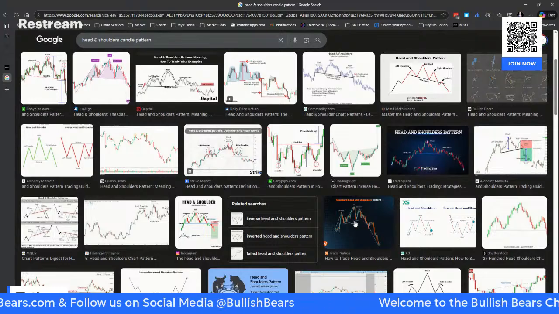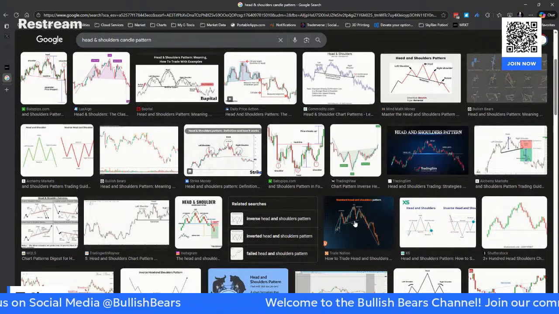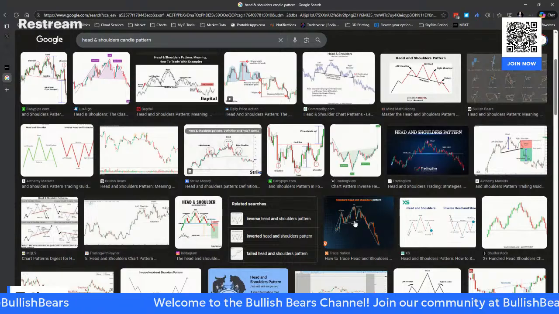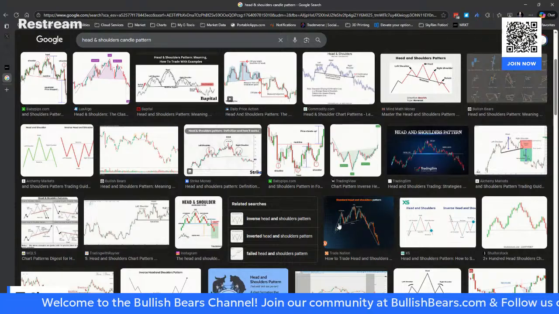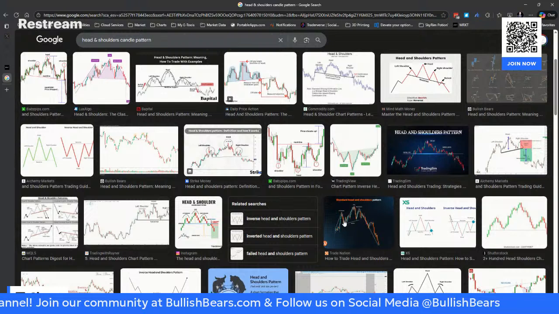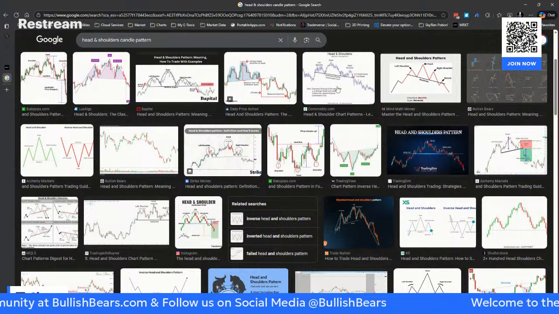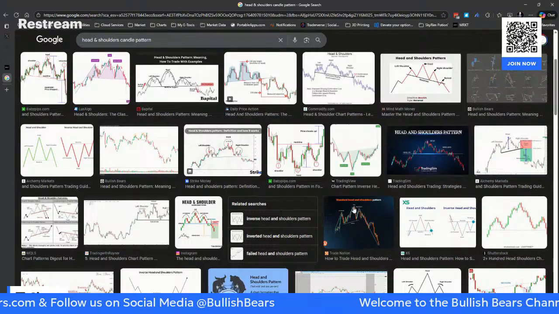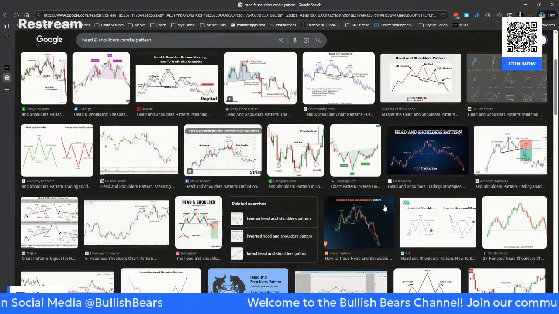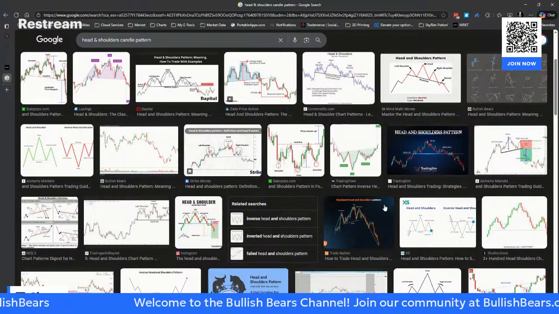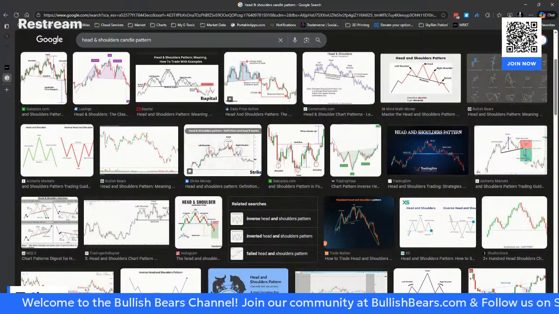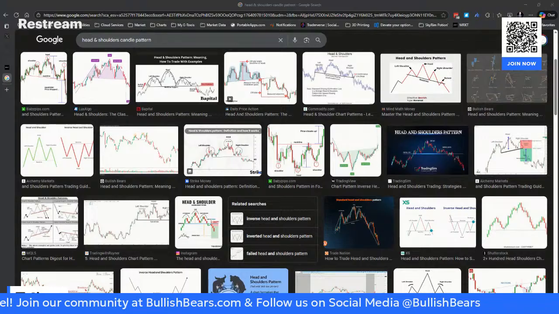Things that when you're looking at it at the time, you may be thinking that sure don't look like any head and shoulders to me. It doesn't matter as long as it's classified as the head and shoulders. Like this one up here, that's not a really clear one, and certainly this one's not a clear one. There's a lot of charting software out there that will find head and shoulders for you, or other patterns.